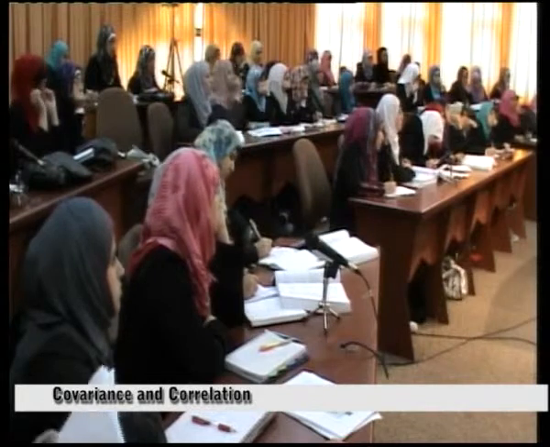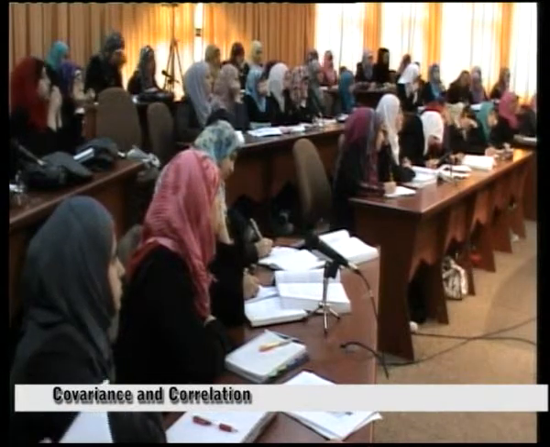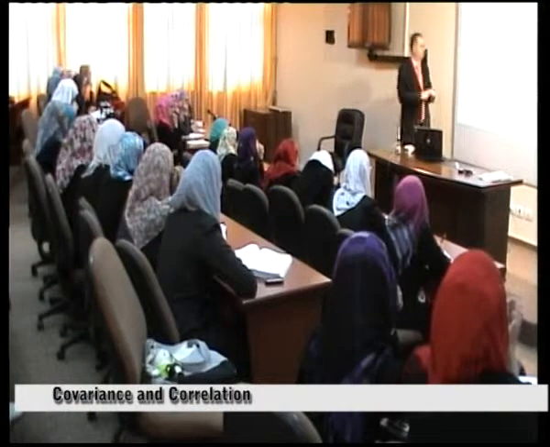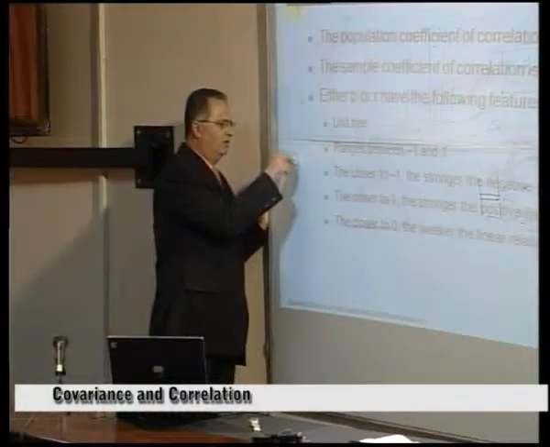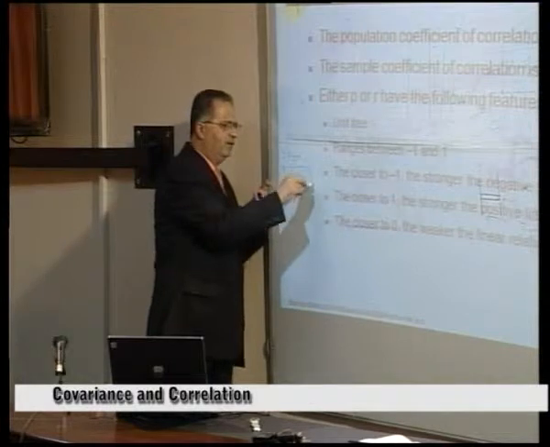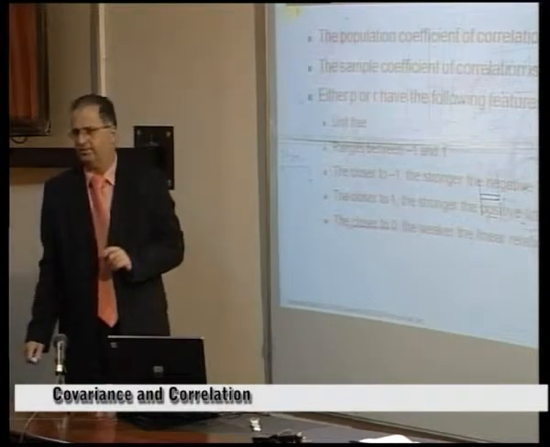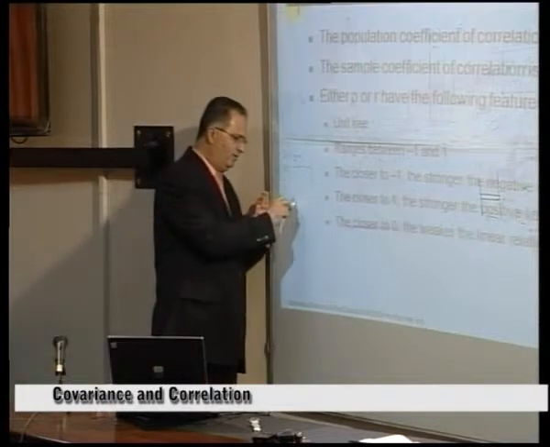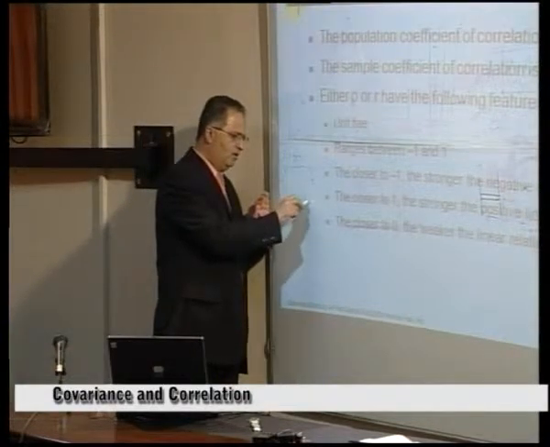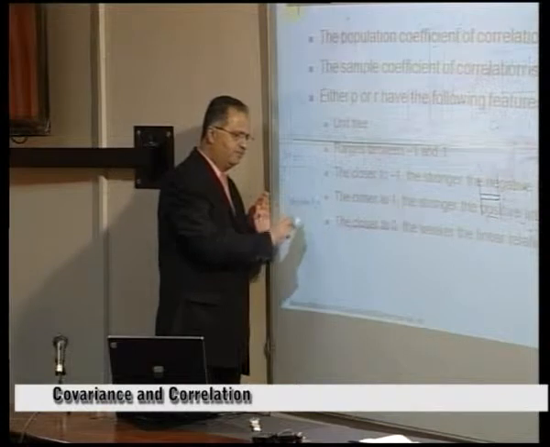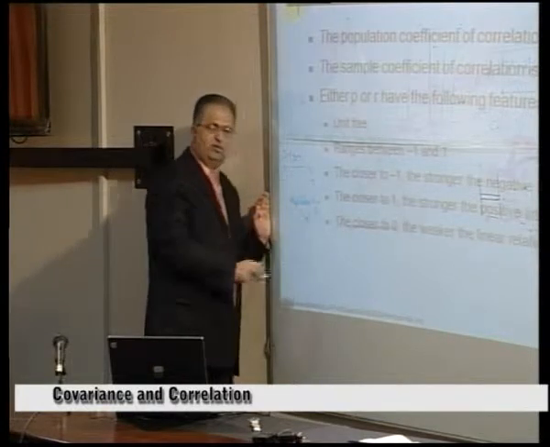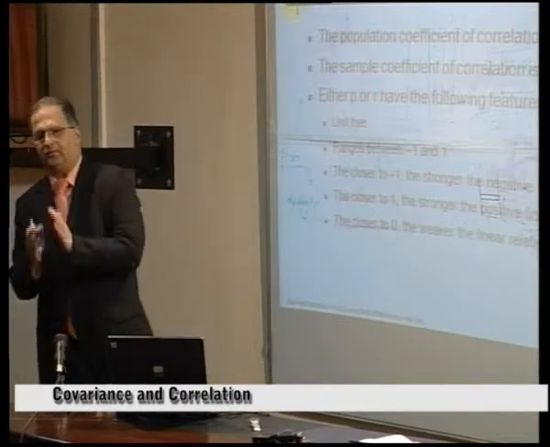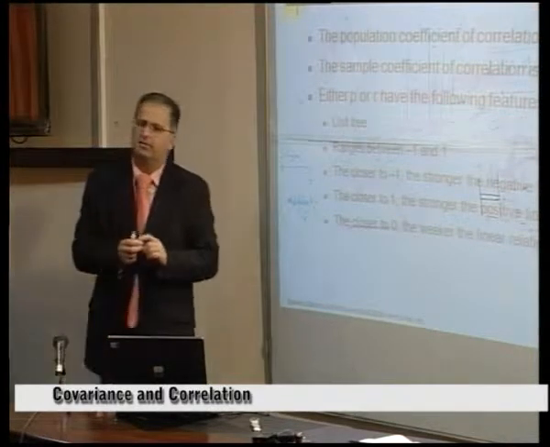By using the sign, you can determine if there exists a positive or negative relationship. So the sign of r determines the direction. The absolute value of r, ignoring the sign, determines the strength.